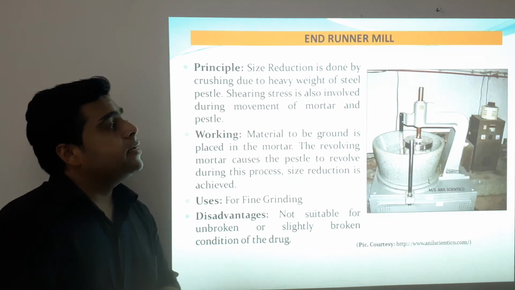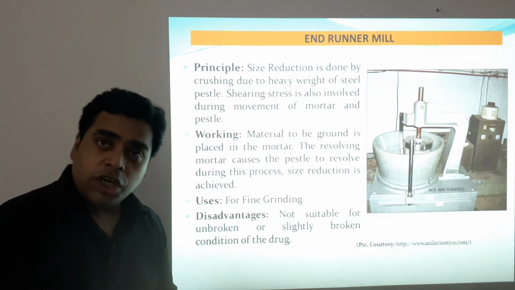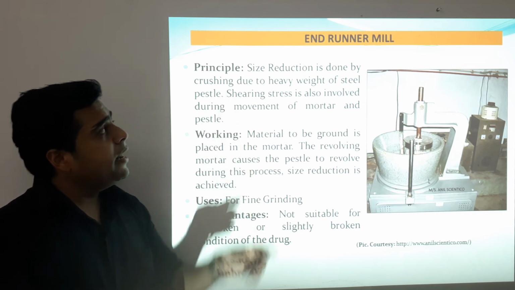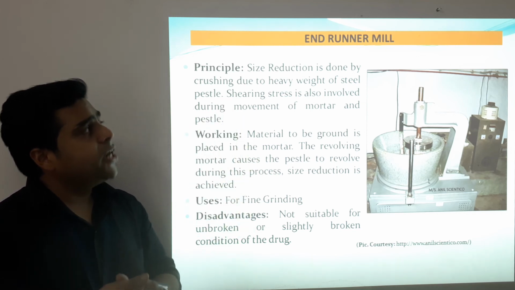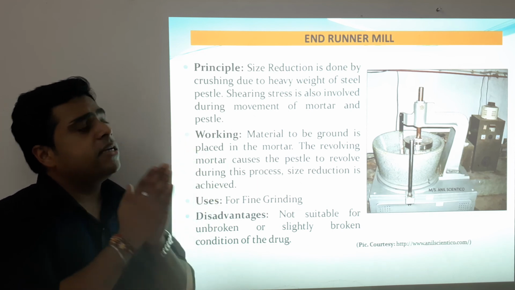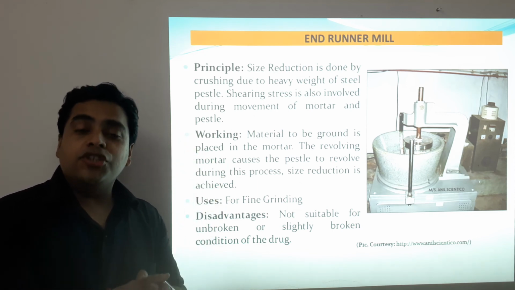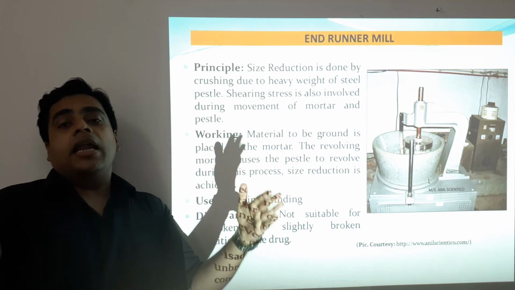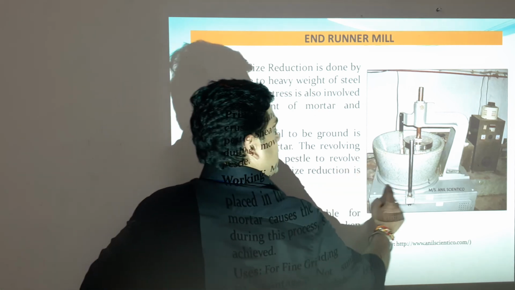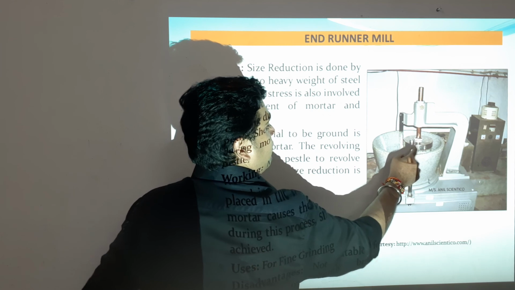This is the last type of mill, again a crusher mill, the end runner mill, where size reduction is done by crushing due to the heavy weight of a steel pestle. It is almost like the mortar and pestle which we have used in a laboratory, but on a larger scale. We can consider this as the mortar, and the pestle is fixed.